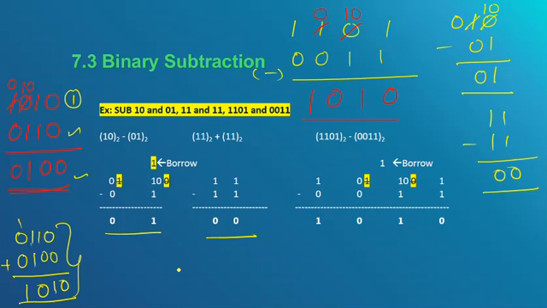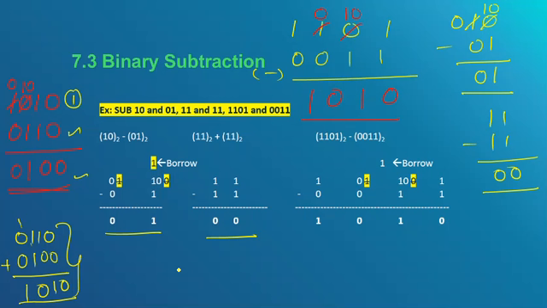If the top value is smaller and the bottom value is bigger, the top value will borrow from the very next left column. So in addition, a carry is given to the next left column, and in subtraction, you borrow a number from the very next left column.